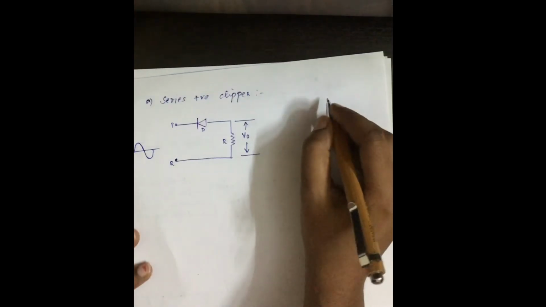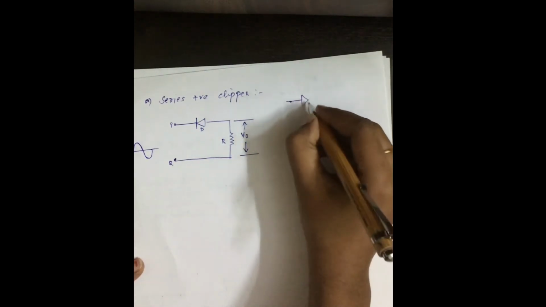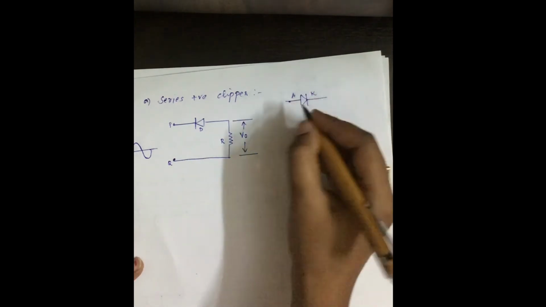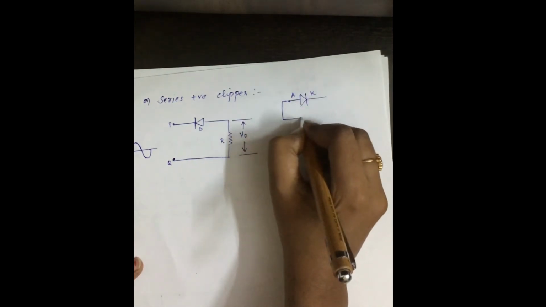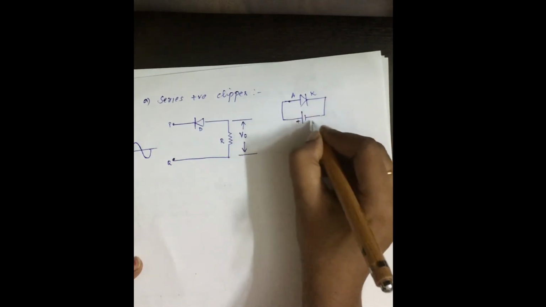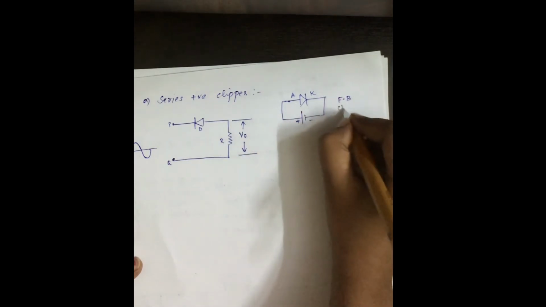Just for understanding, I'll draw here for a clear explanation. This side is the anode and this side is the cathode. If the anode is connected to positive and the cathode is connected to negative, then this is known as the forward bias condition and the diode is said to be closed.